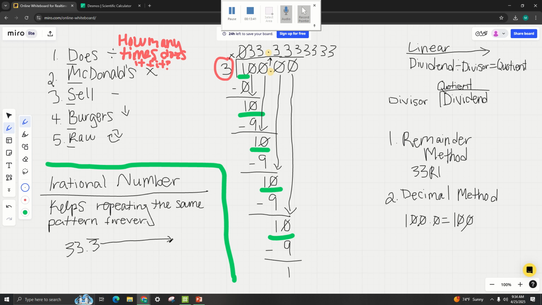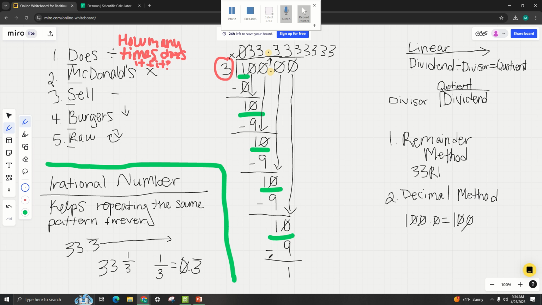It's going to be 3's forever and ever. Now you may have also seen this represented in fraction form as 1/3. 1/3 is equal to the decimal 0.3 repeating. That's how we read this. 0.3 repeating. 33.3 repeating.